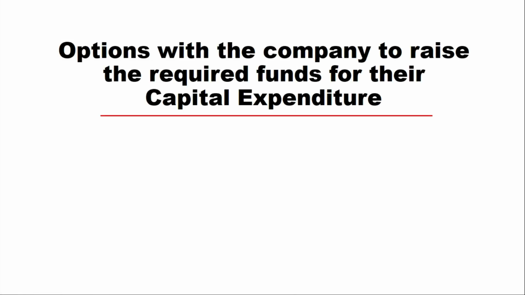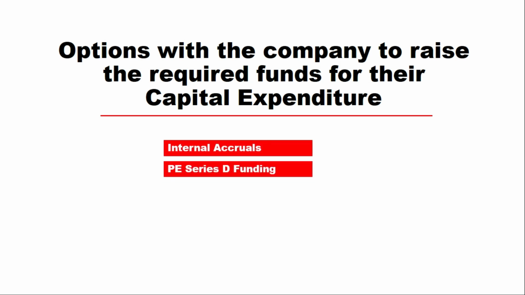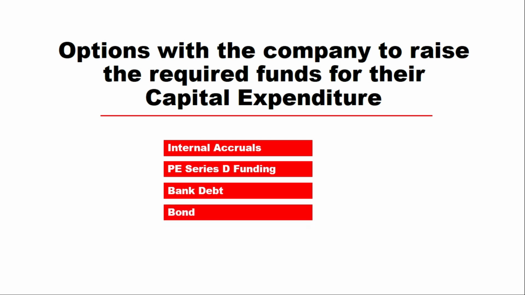The company has few options to fund the capital expenditure requirement. 1. Fund capital expenditure from internal accruals. 2. Raise Series D from another private equity fund. 3. Raise debt from bankers. 4.